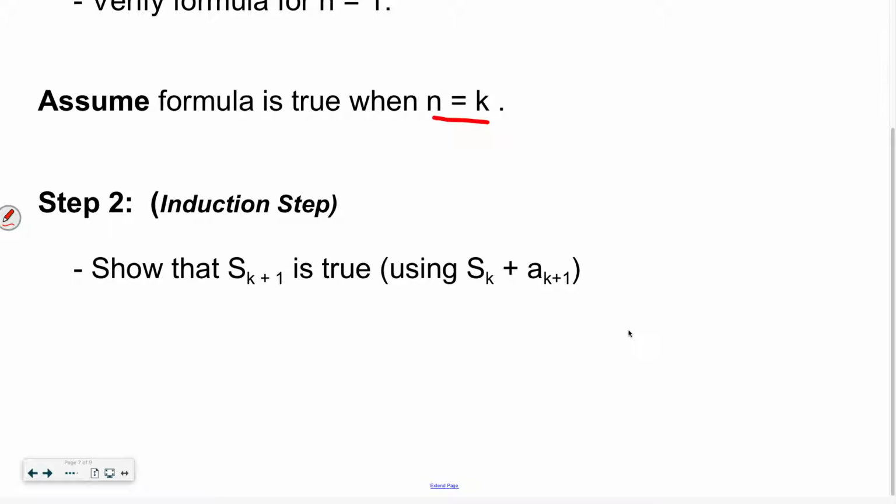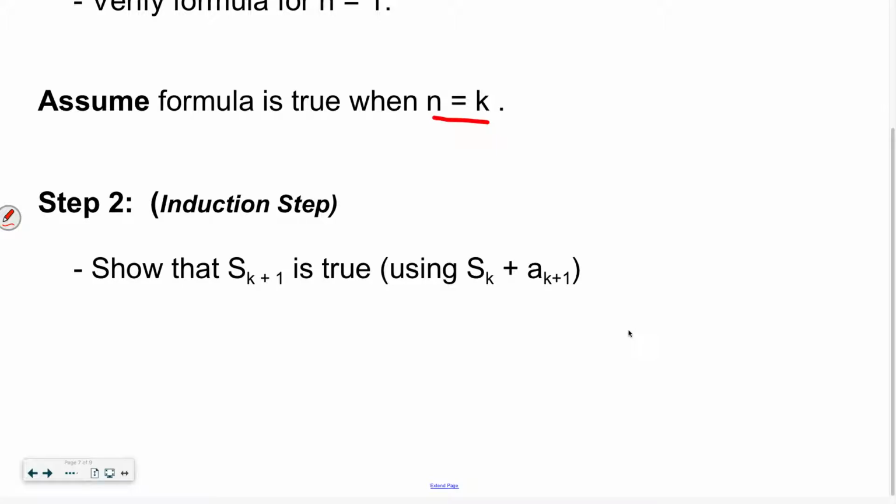But step 2, the induction step, is where you do all the work. This is the majority of your work in your proof. There's a little bit of work in step 1, but the majority of your work happens here in step 2, your induction step.